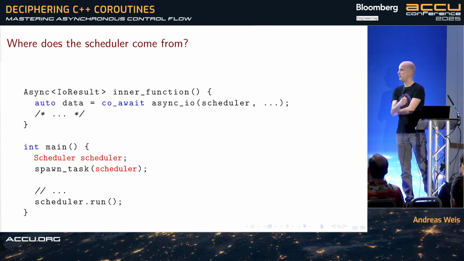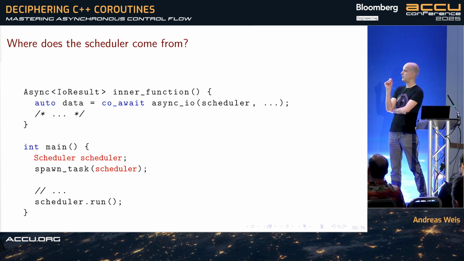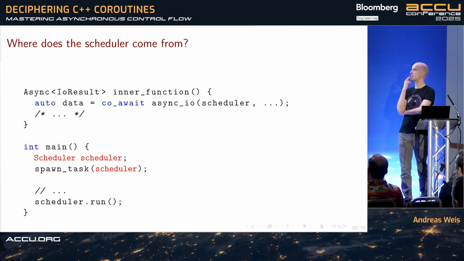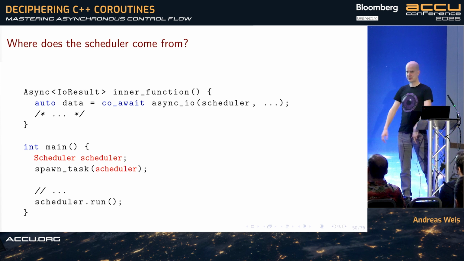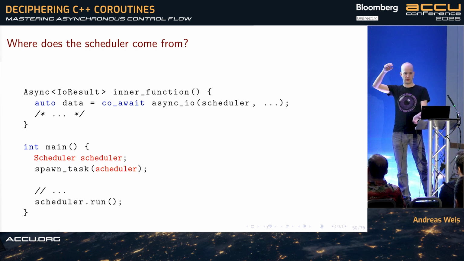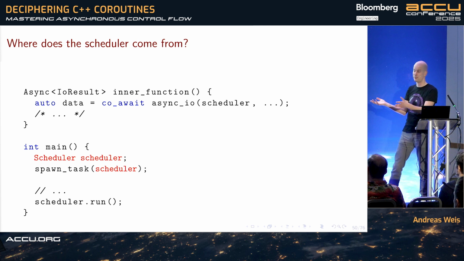So there is one interesting question here, and that's where does the scheduler come from? Because the scheduler does not live in your asynchronous task, right? If you think of this asynchronous call stack of nested functions that make up a task, the scheduler is not part of that.